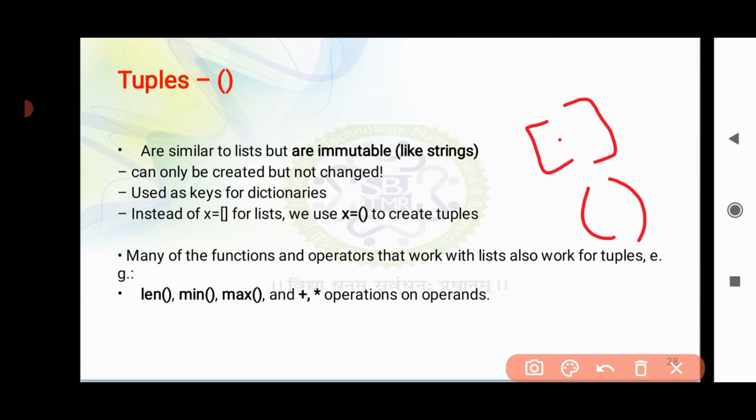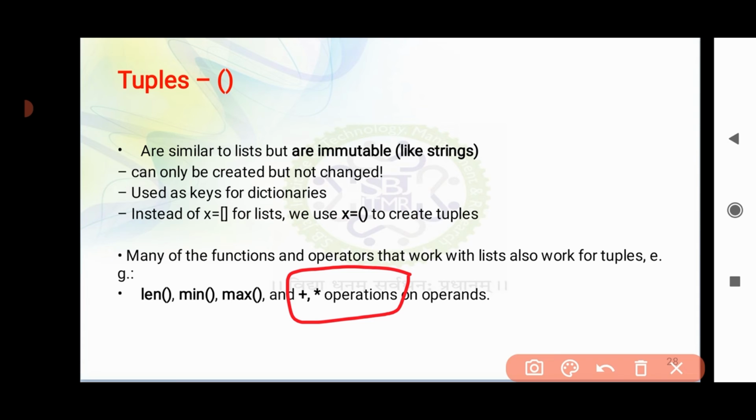For example, as you can see here, functions like len, which is used to find the length of a tuple or list, then minimum and maximum elements within a list or tuple, as well as operators like addition and multiplication, which apply on list elements, will in the same way be applicable to tuples in the Python programming language.